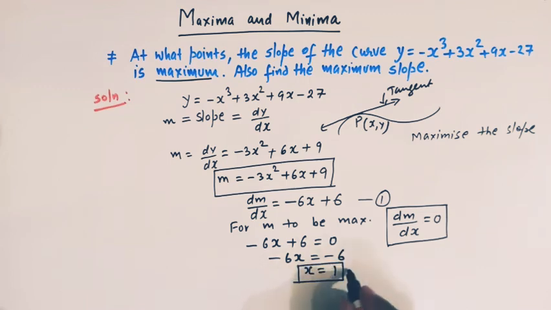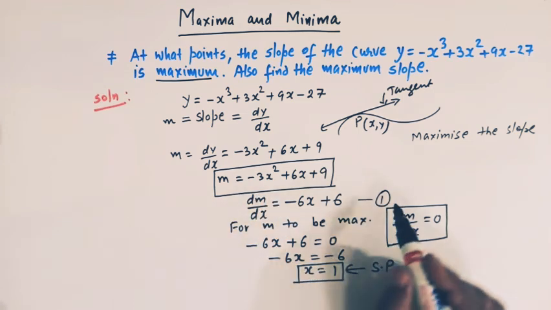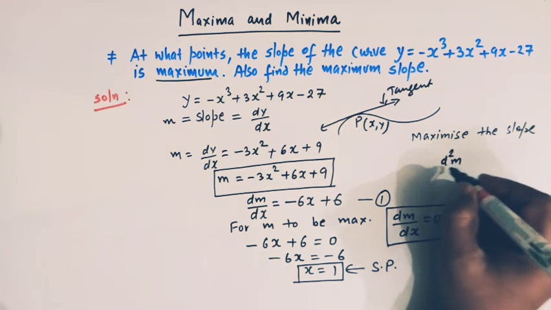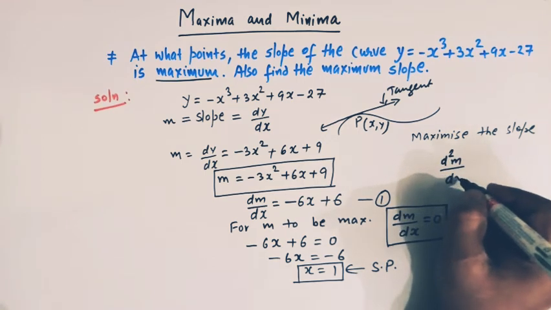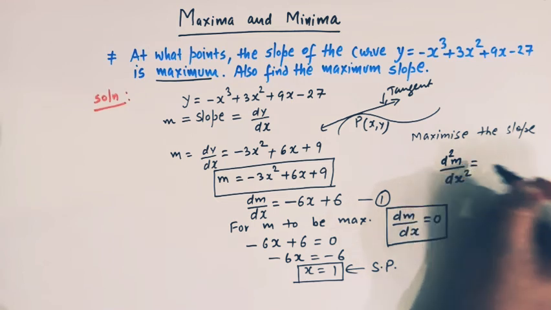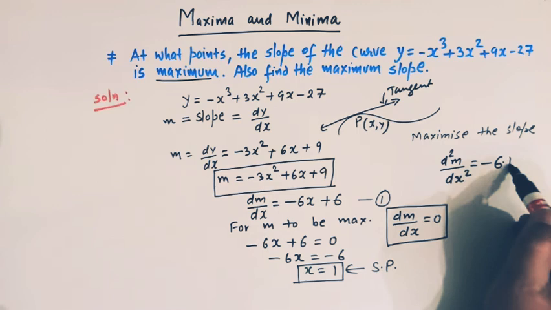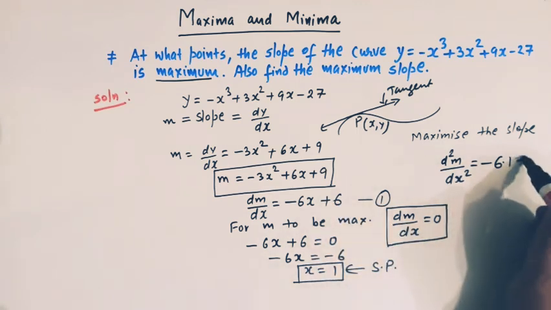So x equal to 1 is the stationary point, and let us now differentiate equation 1. So we'll get d2m over dx2 is equal to -6, because the derivative of x is 1 and the derivative of 6 is 0.